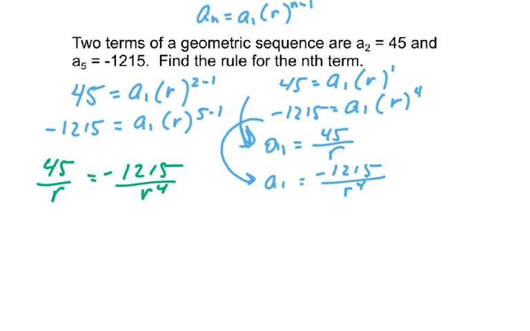So what we have now is an equation we can solve by cross multiplying. So we've got 45r to the fourth equals negative 1,215r. I'm going to bring everything over on one side and factor.